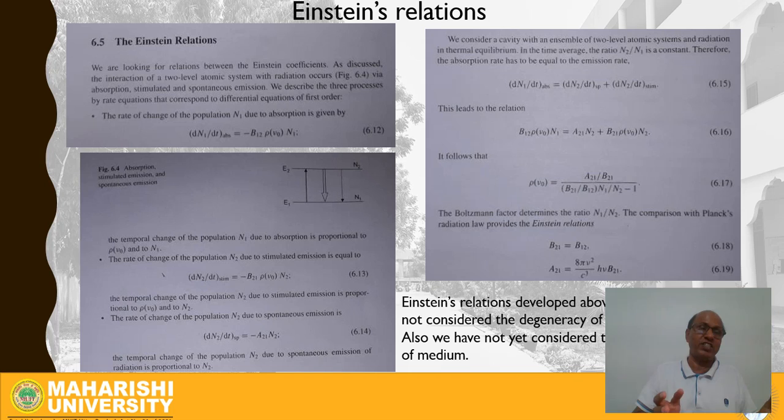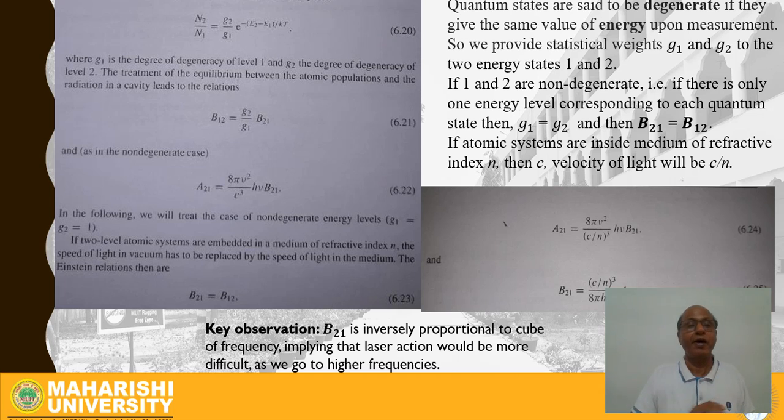If the atomic transitions are taking place in a medium having some refractive index value, then things will change. So let us come to some special conditions. If there is a degeneracy of states, then we will give a statistical weight to level 2, that is G2, and a statistical weight to level 1, G1.